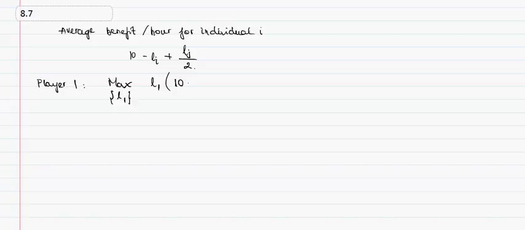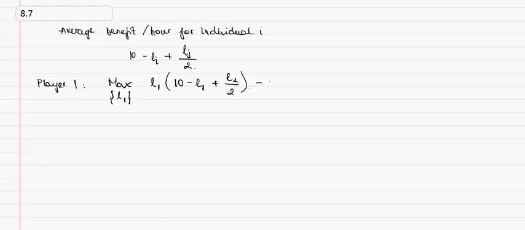So it's L1 times (10 minus (L1 plus L2) divided by 2). This is the total benefit for player 1, and we subtract the total cost from that.